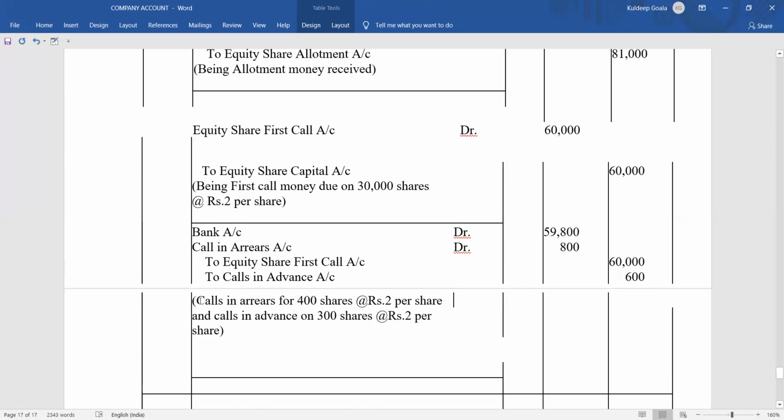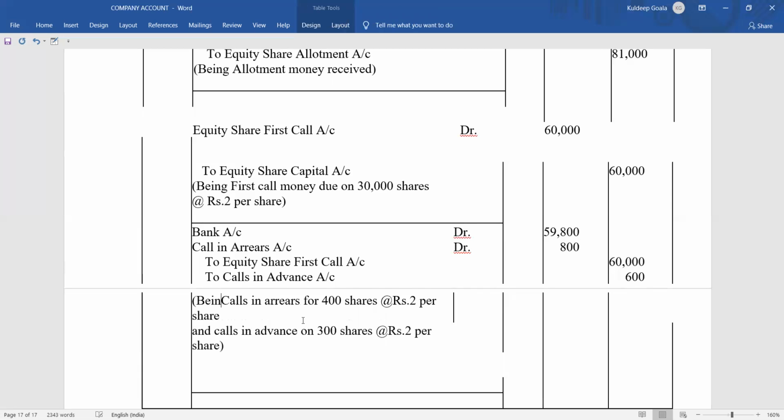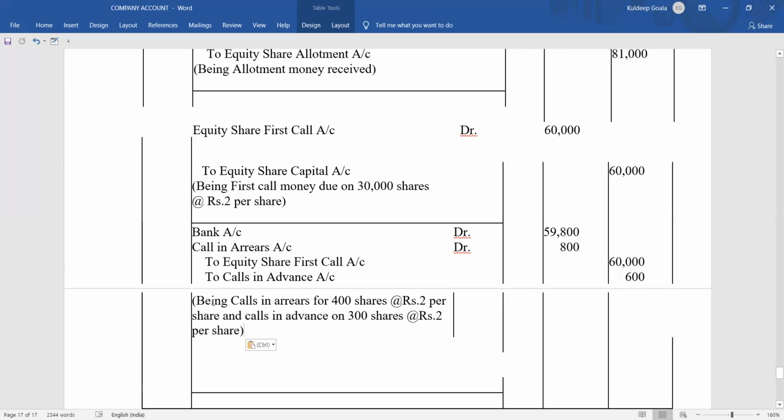Okay, so what is that? Being share first call money received, and calls in arrear for 400 shares at the rate of rupees 2 per share, and calls in advance on 300 shares at the rate of rupees 2 per share.